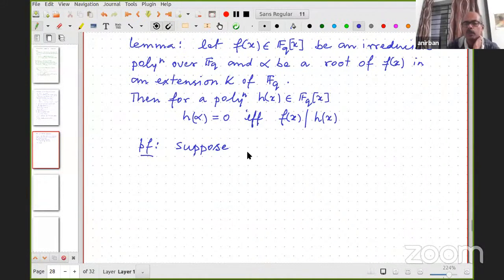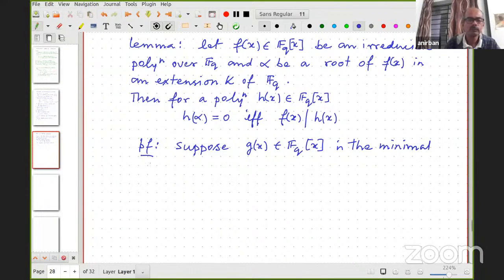So minimal polynomial is the polynomial of least degree satisfied by alpha.